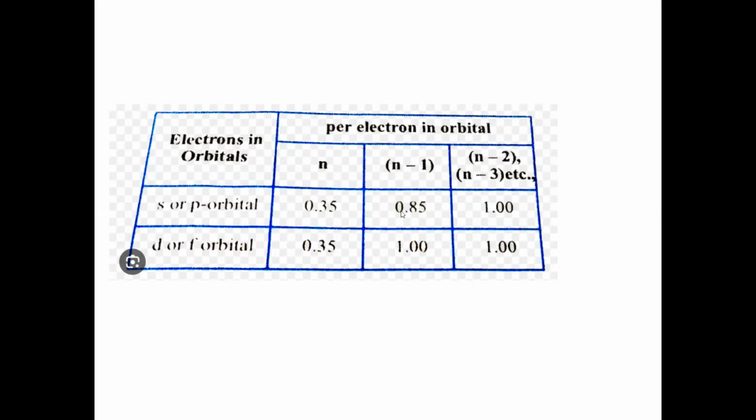Now for inner orbitals, if the electron belongs to s and p orbitals, that value is 0.85. If it belongs to d and f orbitals, that value is 1. Those near the nucleus are all 1. By applying these values, we can calculate the effective nuclear charge.